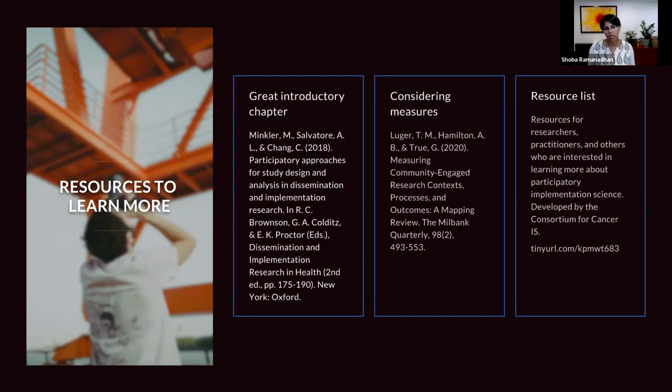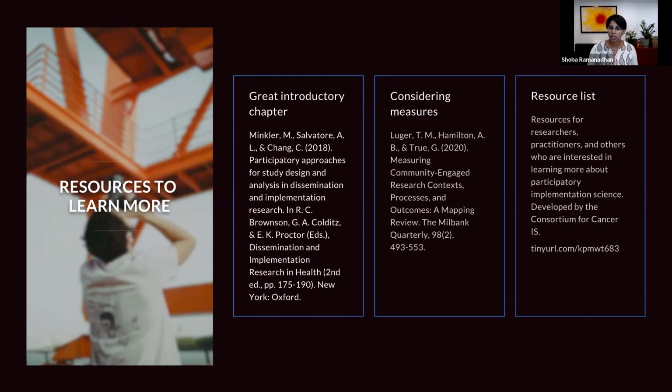The other thing I wanted to highlight was a really nice review that came out in 2020 by Luger and colleagues, and it looks at community-engaged research and gives a really nice sense of the lay of the land and the range of things we might study when we're thinking about context, processes, and outcomes. It's not only about implementation science, but it applies really directly.